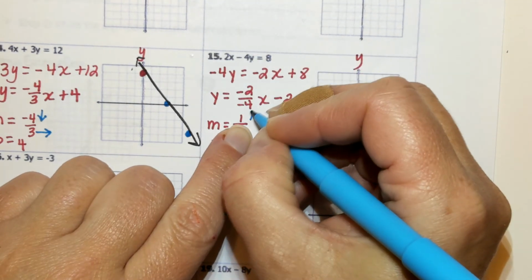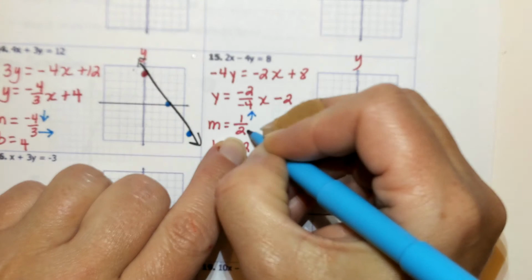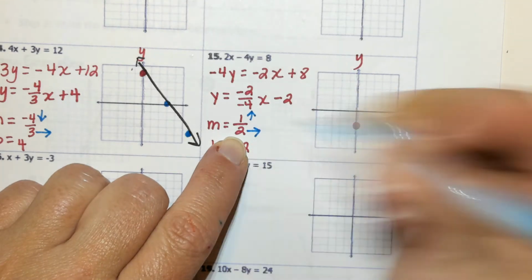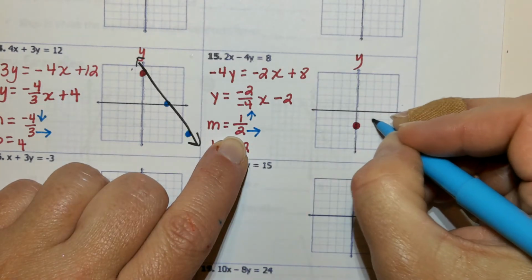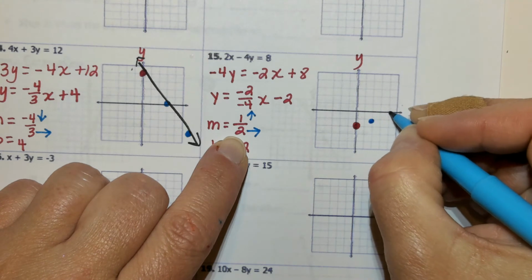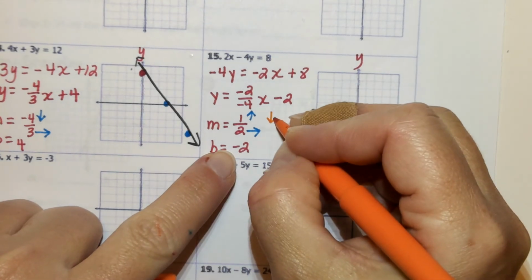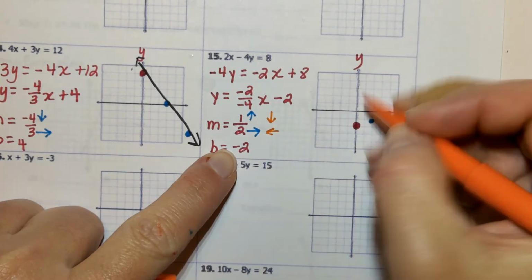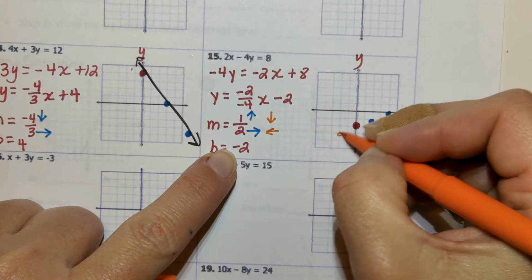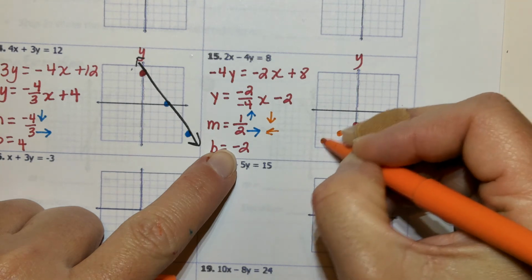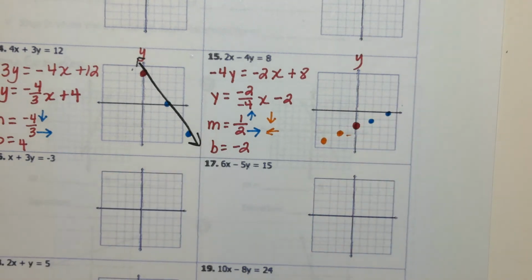Now, my intercept, what's my intercept? Negative 2. So let's plot our y-intercept of negative 2. There it is. And our slope, let's drive it. Positive 1 in the numerator means up. Positive 2 in the denominator means right. We're going to go up 1, right 2.